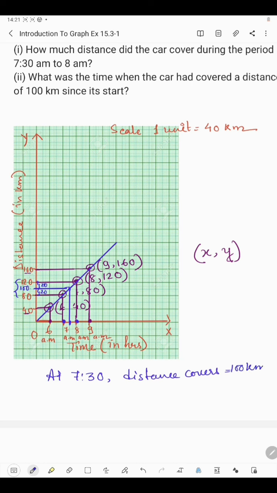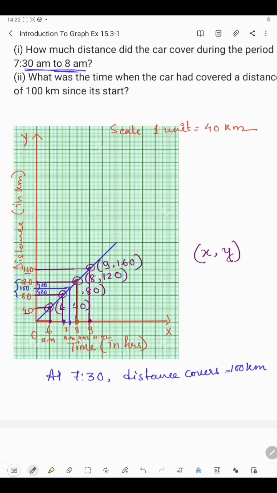Okay. Now we will have to find the distance during this time, 7:30 to 8. Now let us find how much distance the car travels at 8 am. See, 8 hours is here on the x-axis. Now from here if you go upwards, this line meets over here.